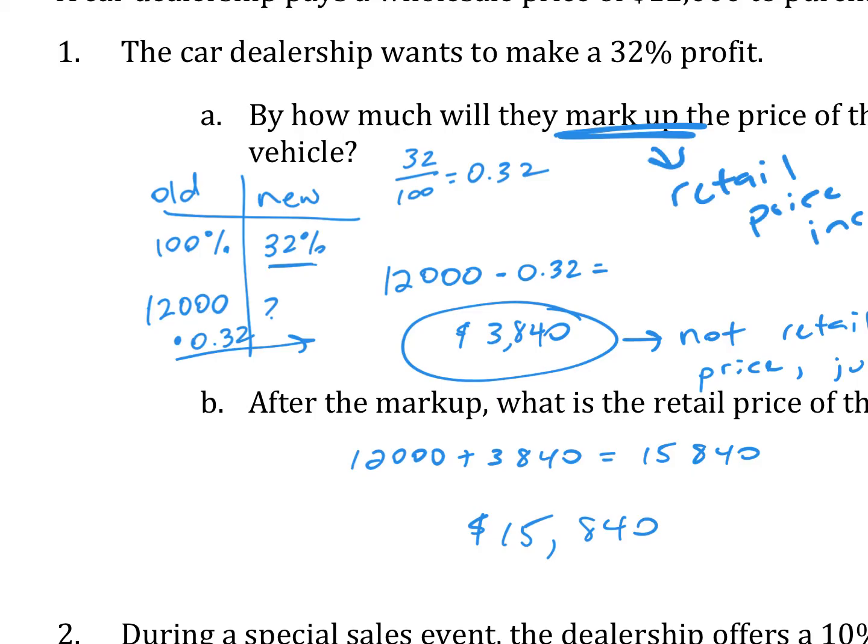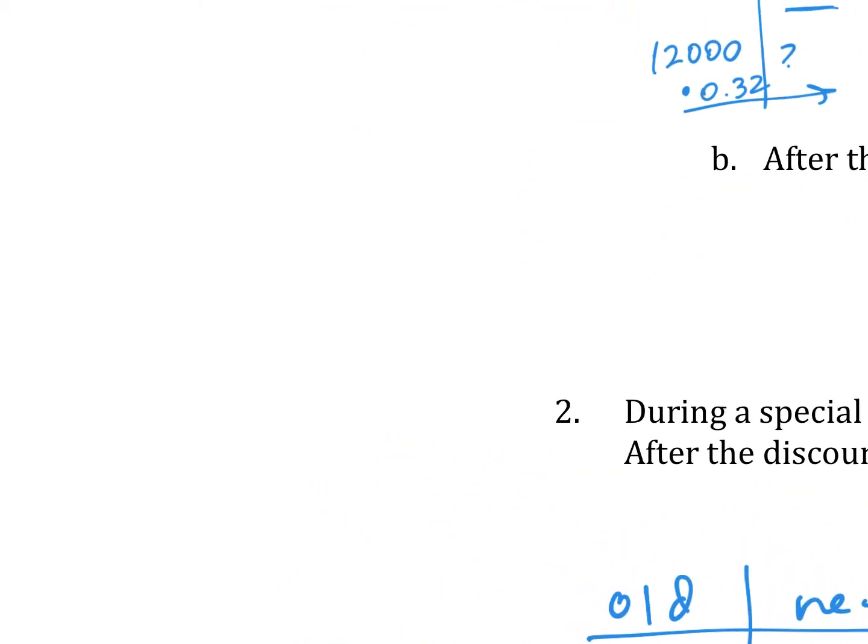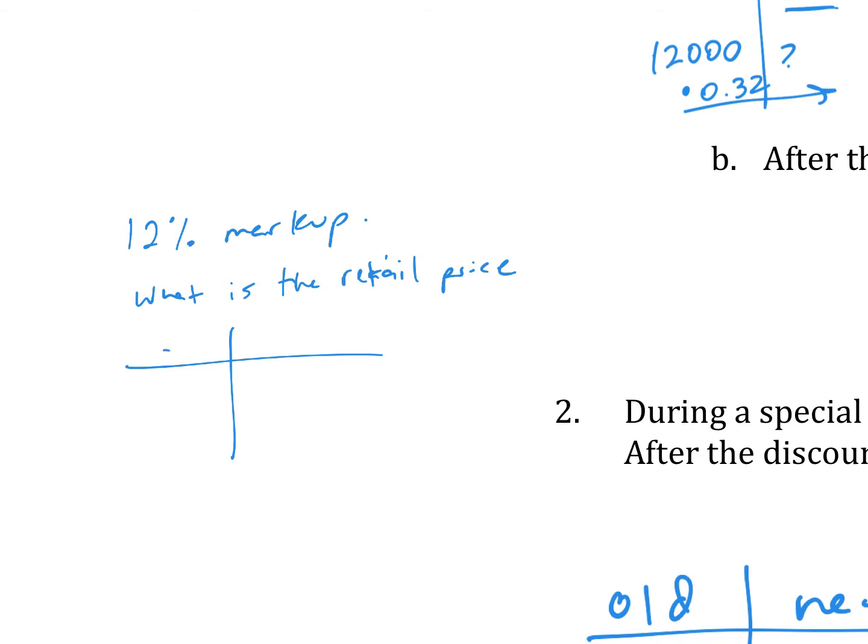So for example, if I said there was a 12% markup, and the question is, what is the retail price? When I set up my table of old versus new, I'm not going to use 12%.